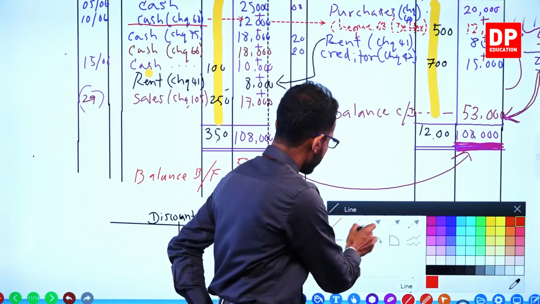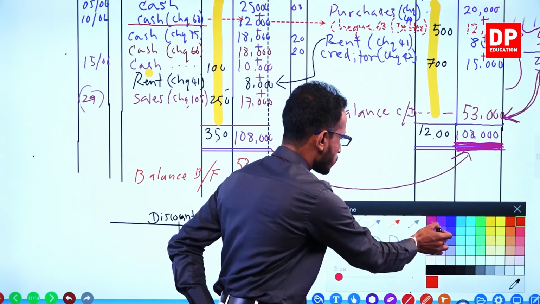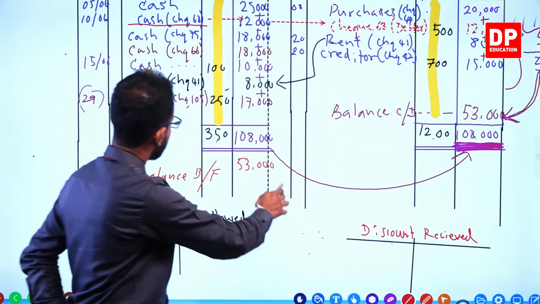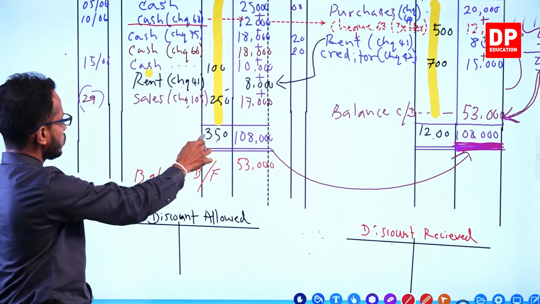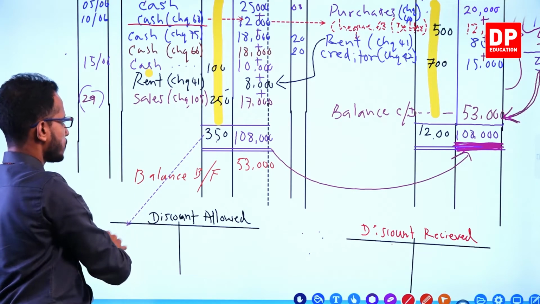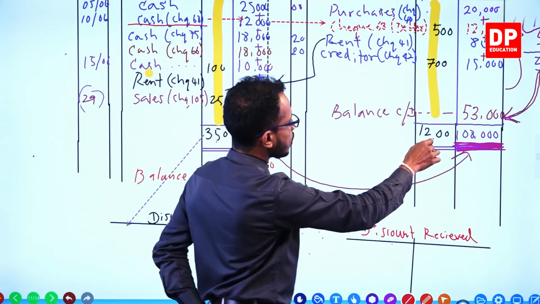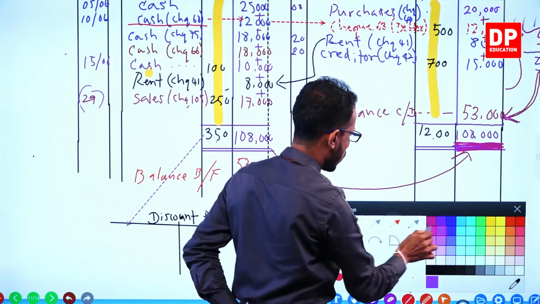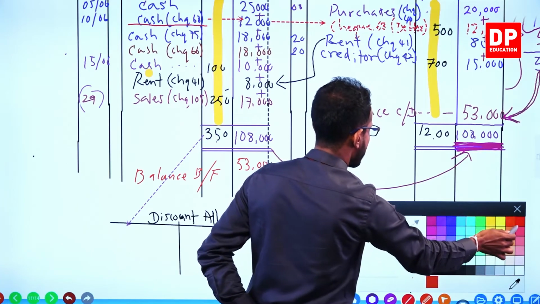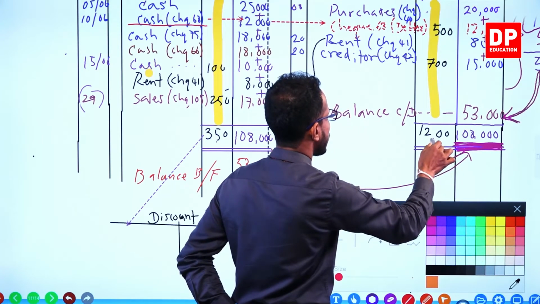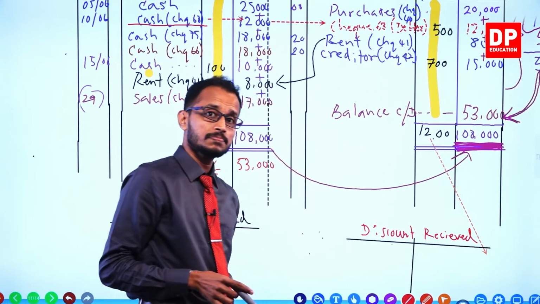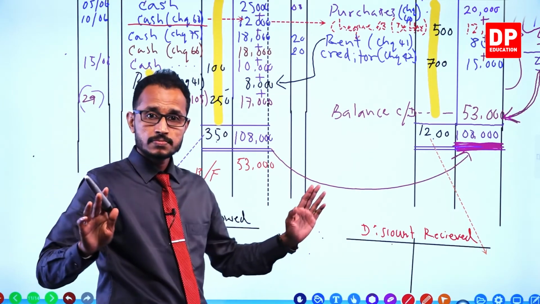Transfer the discount allowed amount to the discount allowed account, debit side. Transfer the discount received amount to the discounts received account, credit side. Done.